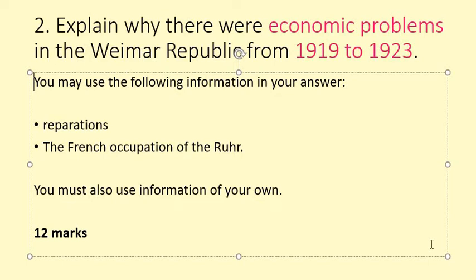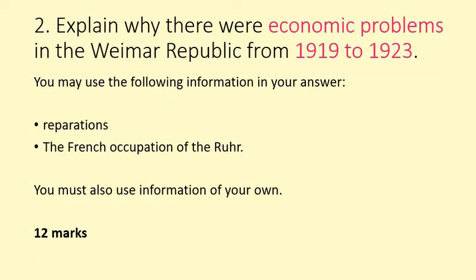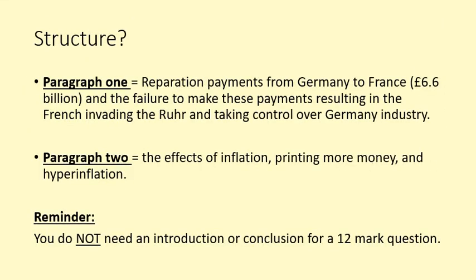So now we have to think about how to structure our answer to a question like this. Now, typically you would complete either two really detailed paragraphs or three slightly smaller paragraphs for a 12-mark question. So we could go for a structure that looks a little bit like this one. The first paragraph could be on reparations and the failure to pay these resulting in the French invading the Ruhr.